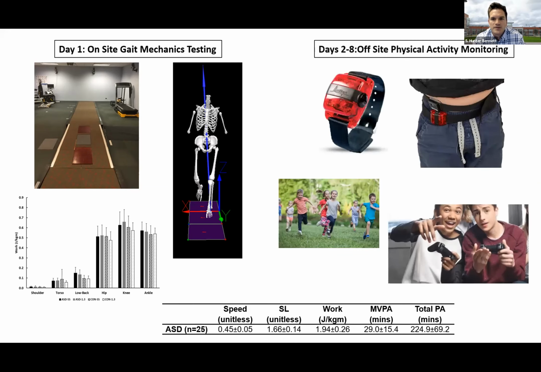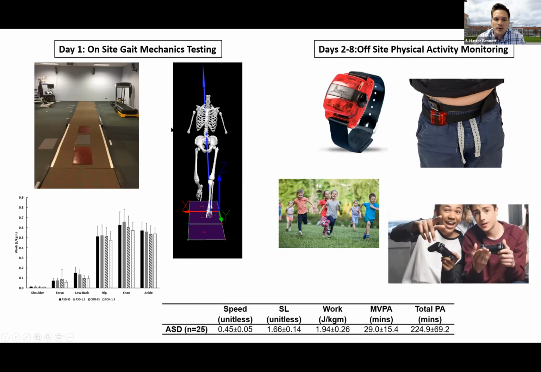The second part of their testing involved wearing a triaxial accelerometer on their waist for 7 consecutive days after the mechanics testing. We then used these data to determine their average daily amount of physical activity in minutes, as well as their moderate to vigorous physical activity in minutes.